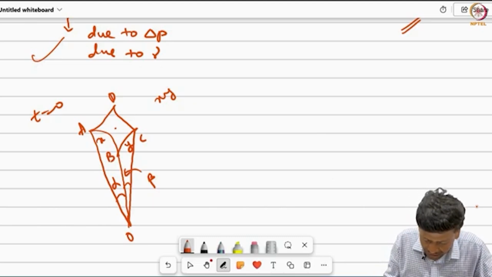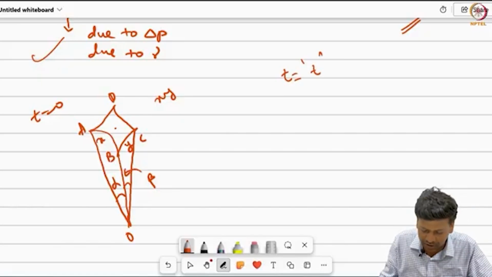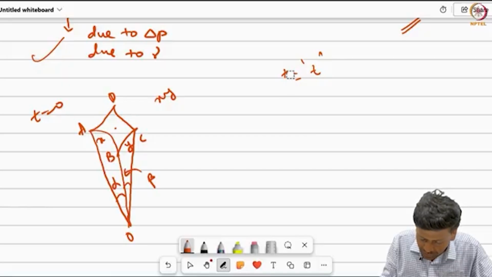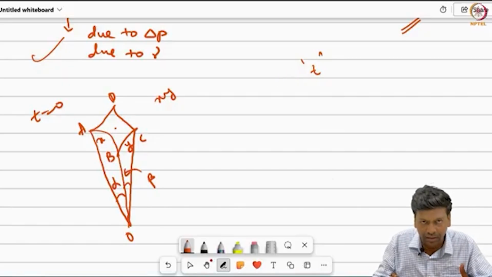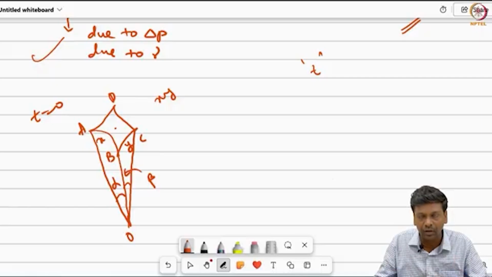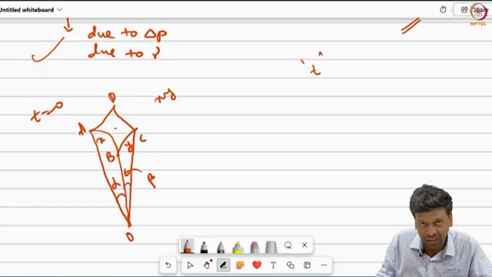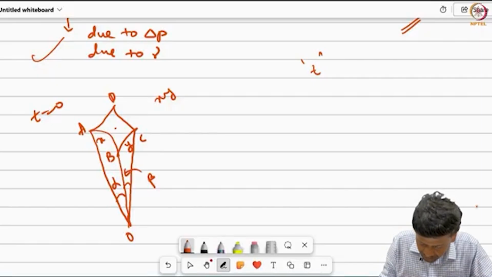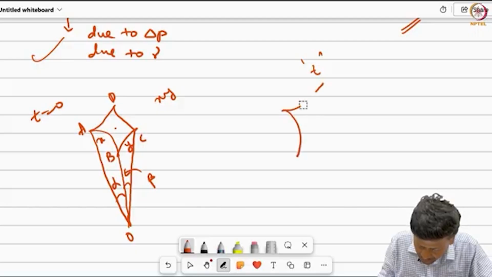Okay, so if you consider that after some time t, let's say either you will get a positive curvature or negative curvature, but let's understand that the curvature that we will get is, let's say, bigger than this.